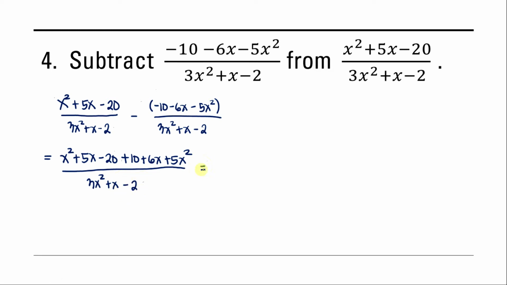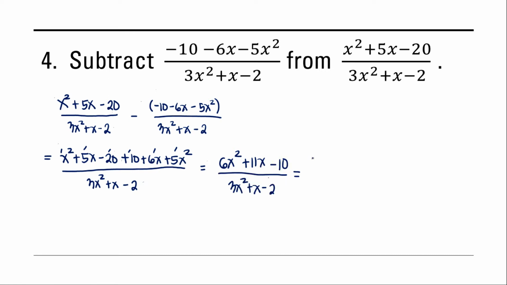So, i-combine natin yung mga like terms. We have x squared and 5x squared will give us 6x squared. We also have 5x and 6x, that is 11x. Combining negative 20 and 10, that will give us minus 10.